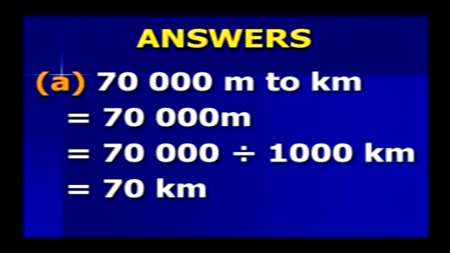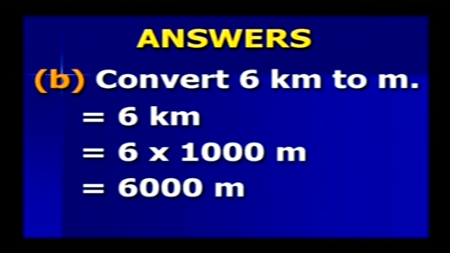All right, let's just go through our answers. For A, you're dividing 70,000 by 1,000 because you are changing meters into kilometers. You change a smaller unit to a bigger unit, you divide. Here, 6 kilometers, you change to meters. Another word for convert is change.